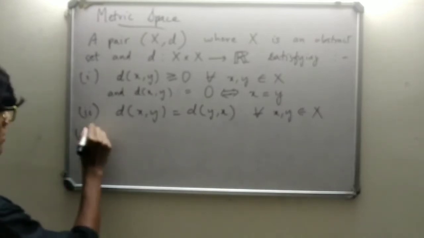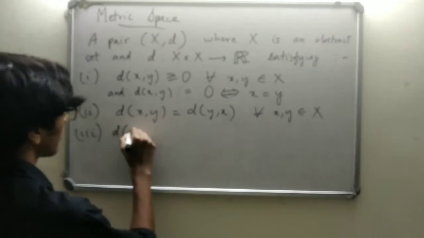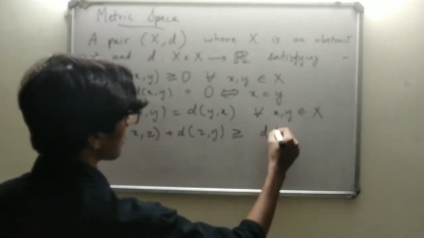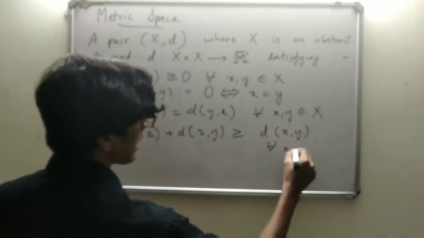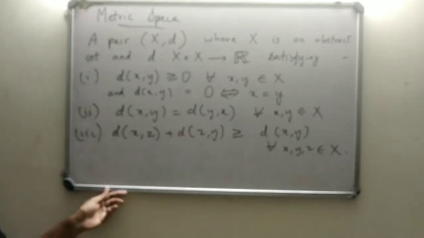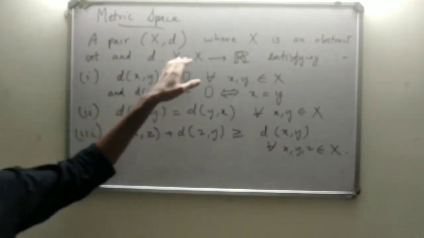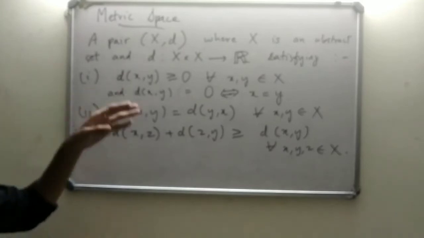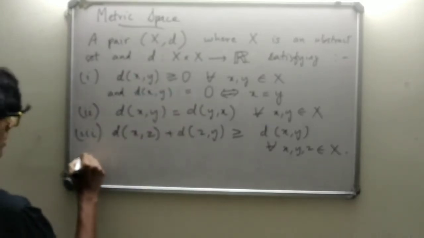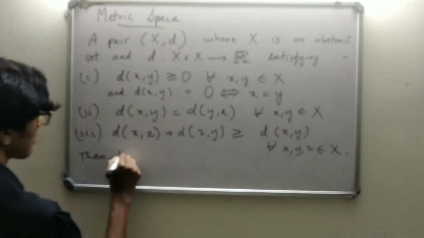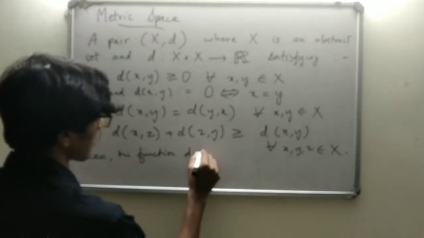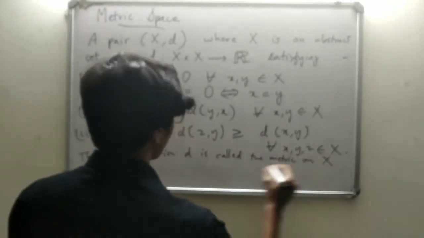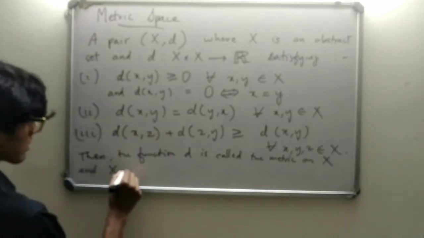The third property is the triangle inequality, which is D of xz plus D of zy greater than or equal to D of xy for any 3 points x, y and z in X. So if this function defined on X cross X satisfies these 3 properties, then the real valued function D is called a metric on X, and X is called a metric space.